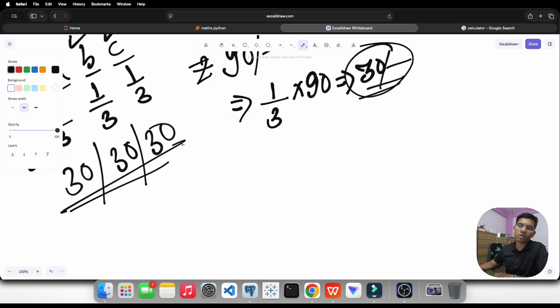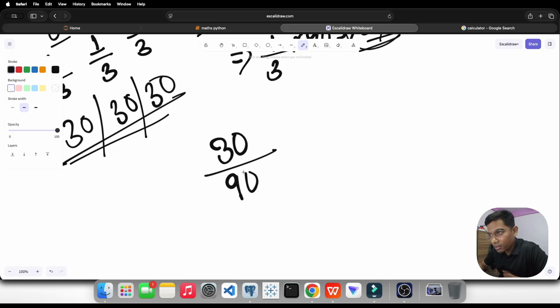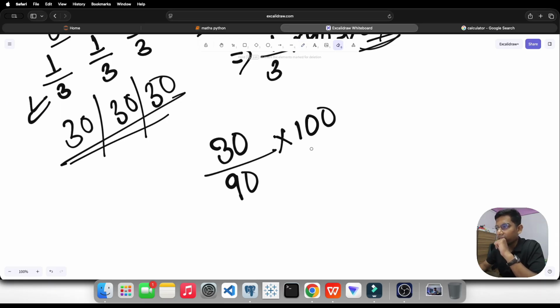If I ask you what is the percentage of amount you have paid out of the total, what will you do? Percentage of amount or part of amount you have paid. So the part is what? This. Of the whole, this. Then if I ask you part of amount in percentage, and percentage means into 100, okay? That's the thing.